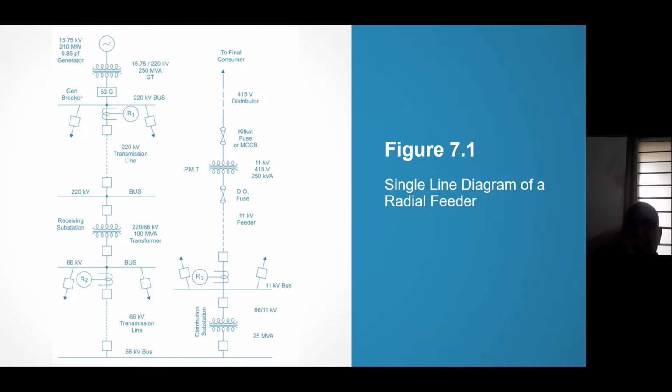Now if I want to study this, every now and then I have to draw this figure. So I am simplifying it. I am removing the transformer for simplification. Really it is there, but I am removing the transformer from this figure.